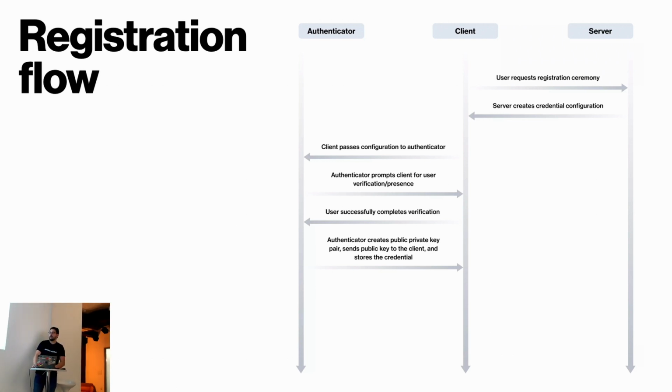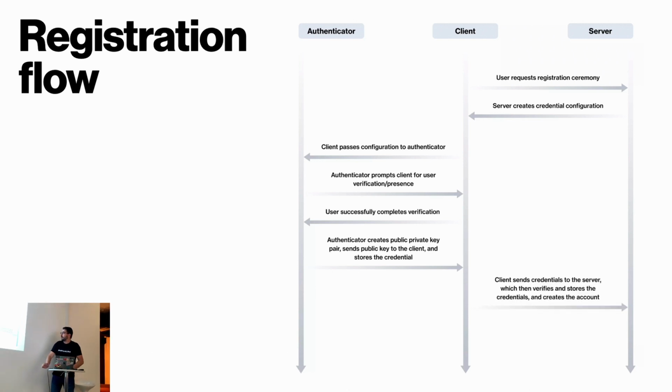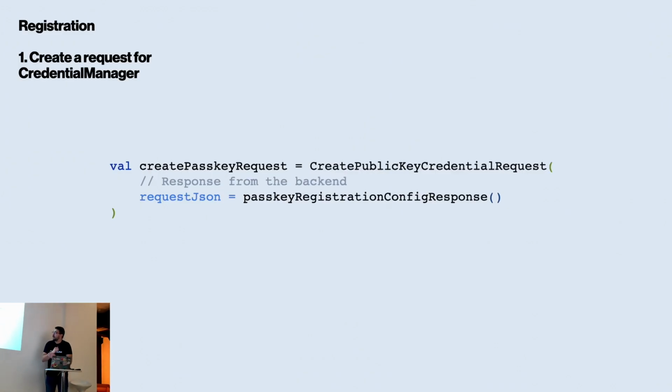On Android, it's stored within the Android Keystore system, and on iOS, it's secured in the Secure Enclave. And finally, our client, our app, gets some kind of a configuration of a public key, sends that to the server, and we're done. That's it. How does that look within the code?